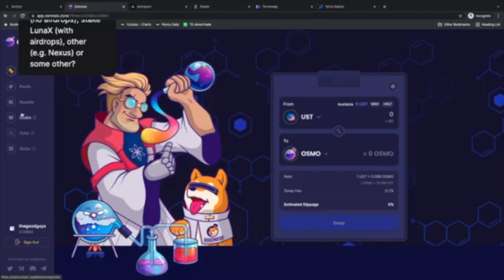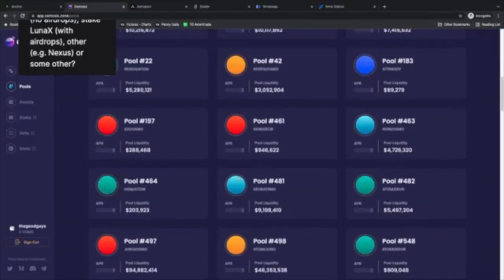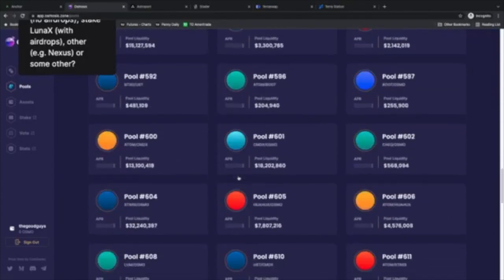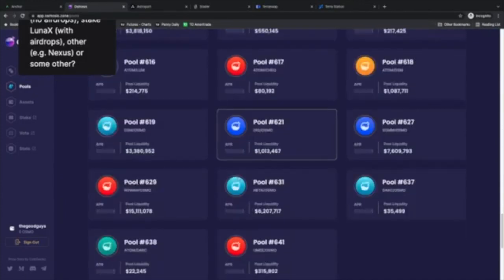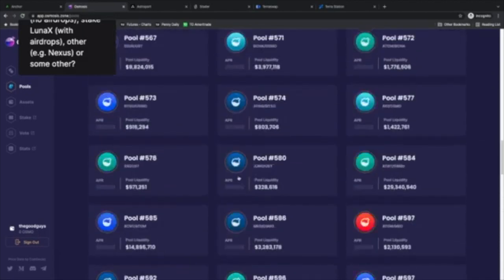So if I show you guys this real quick, if you scroll down to the bottom, let me see if it has it still. Give me a second. It's still loading. It tells you where there are special incentives. So incentivized pools here.